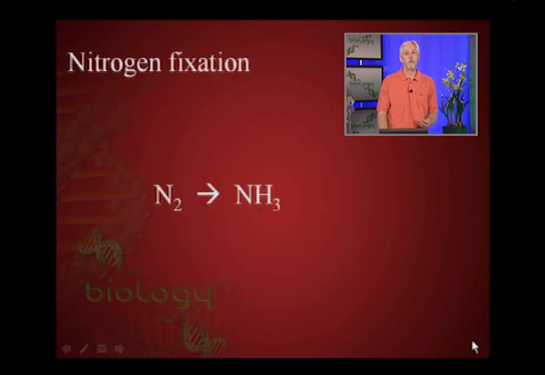In nitrogen fixation, atmospheric nitrogen, N2, is converted into ammonia. Atmospheric nitrogen really doesn't have many biological uses, but ammonia, NH3, does. I think I may have said NH2, but ammonia is NH3, and so that does have biological uses. Plants and other organisms can absorb that and utilize it in amino acid metabolism, for example.